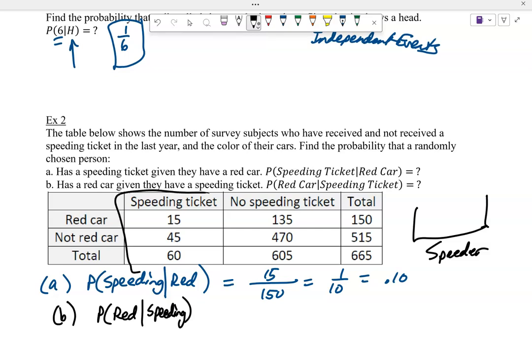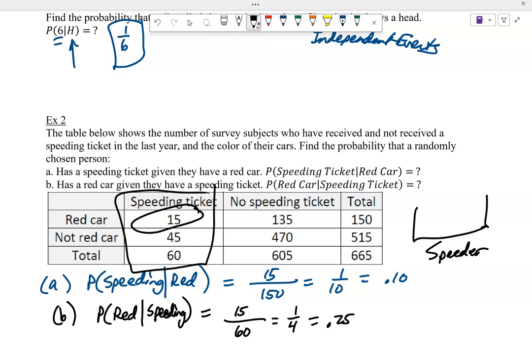Well, how many speeders do I have? 60. Good. I'm only pulling out of the bag of 60. What's the probability of pulling out somebody with a red car given they were a speeder? 15. So we got a 1 in 4 probability, or a 25% chance that we pull out somebody that has a red car, given that they have a speeding ticket.